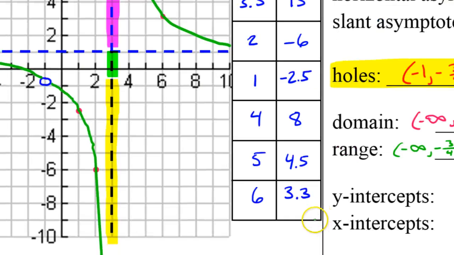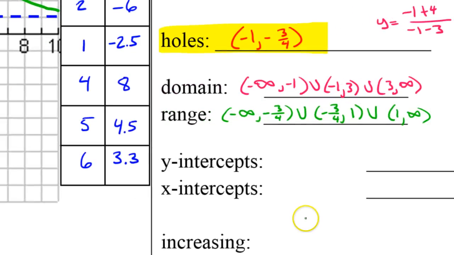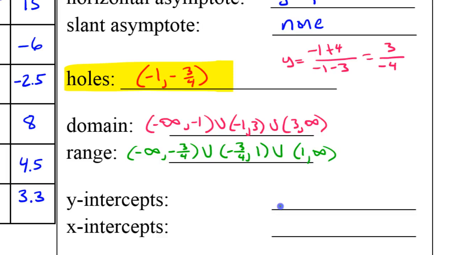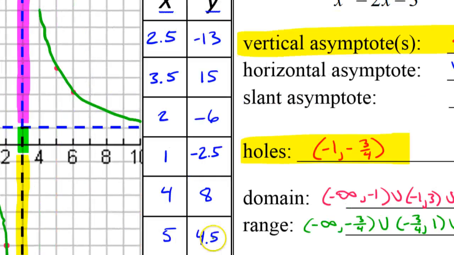Anyway, what's left? Intercepts. You know that the y-intercept is always 0 comma something. That means we need the x value to be 0. The x-intercept is always something comma 0. That means we need the y value to be 0. So for my y-intercept, I can just let x be 0.